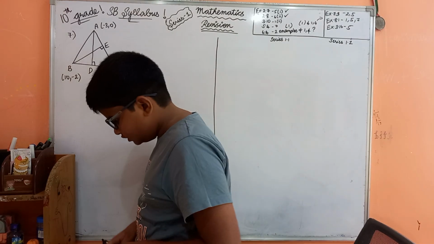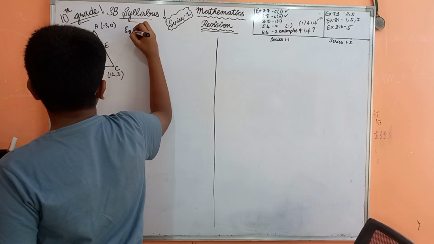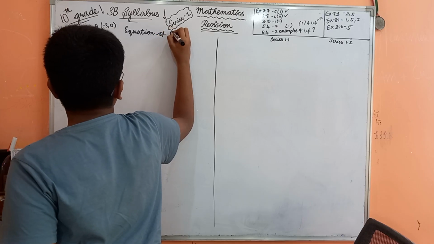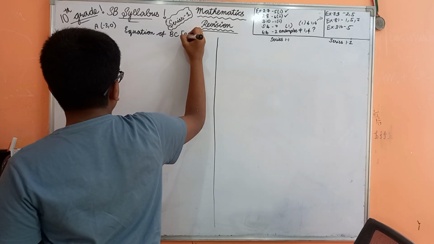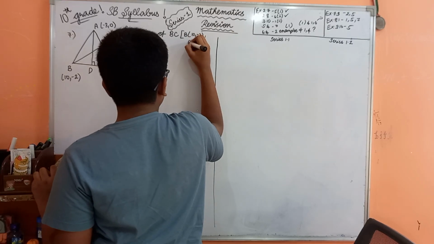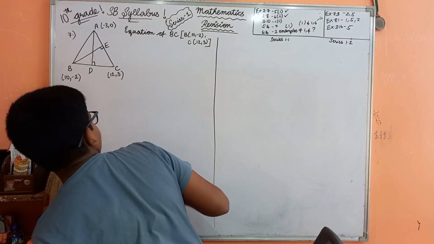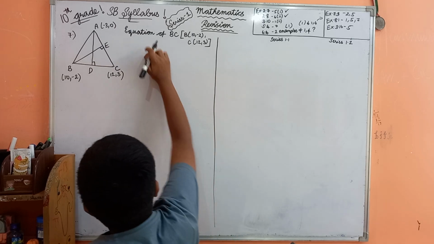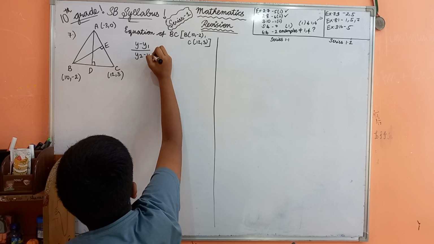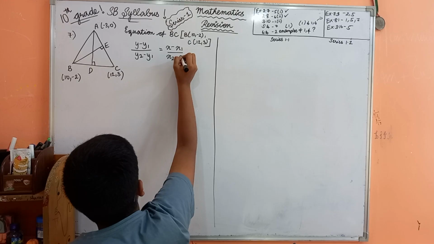So we have to first find the equation of BC. So B has 10 comma minus 2 and C has 12 comma 3. So what is the equation, guys? To find the equation, it's typically y minus y1 by y2 minus y1 equal to x minus x1 by x2 minus x1.